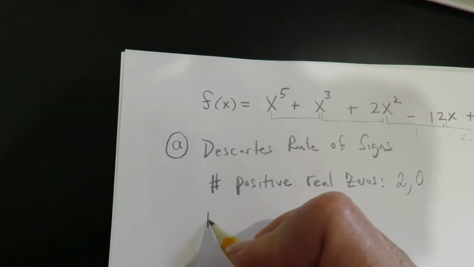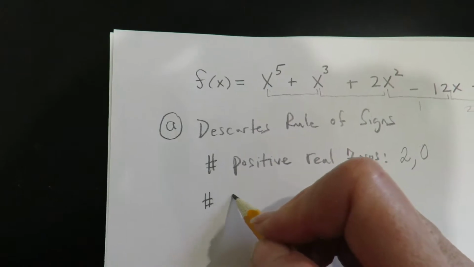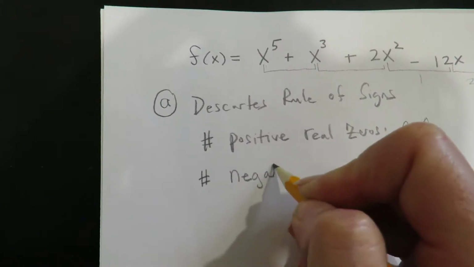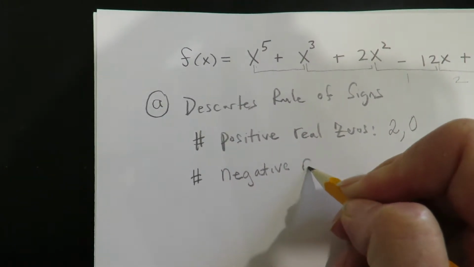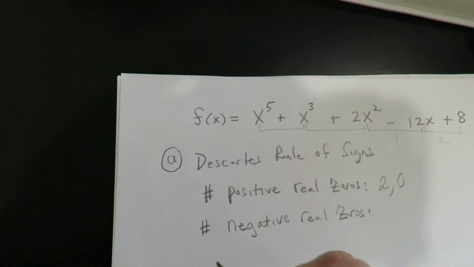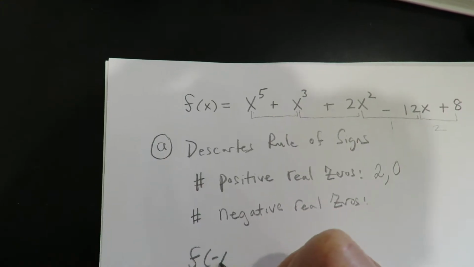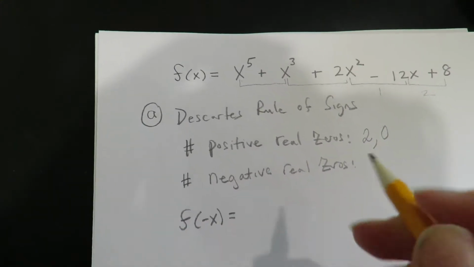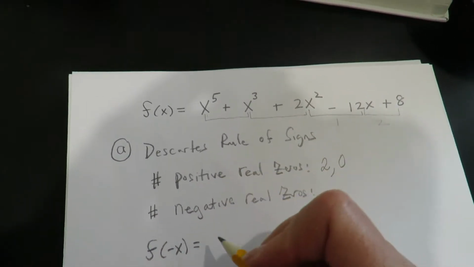Now let's do the number of negative real zeros, how many of those we might have. So you have to take the original function. Everywhere there's an x, you have to put in a negative x.